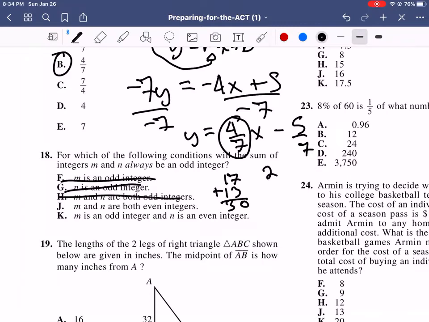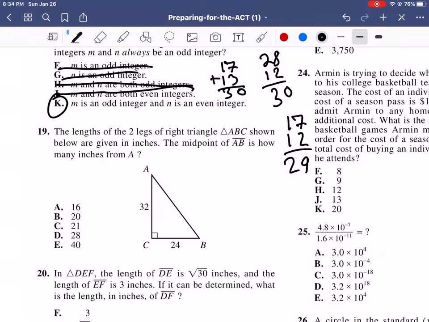And let's try this one. m and n are both even integers. Let's try 28 and 12. That equals 40, which is even, so that does not work. So m is an odd integer and n is an even integer. Let's try 17 and 12. You get 29. I guess K is right.